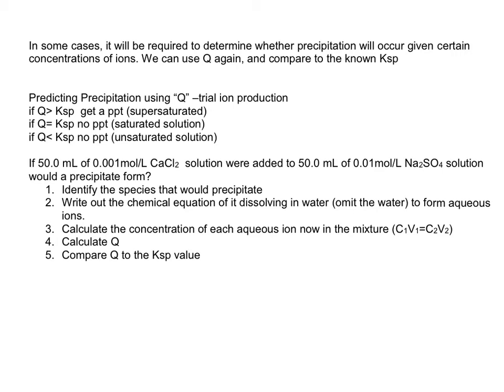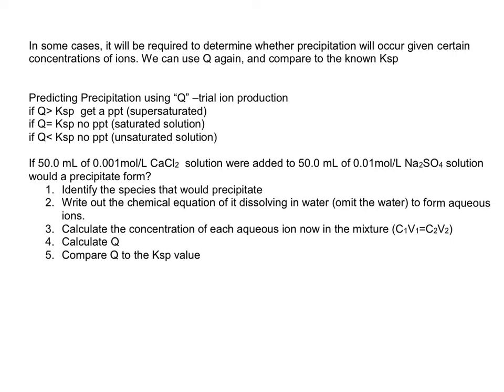So we're going to do an example where we have calcium chloride solution added to sodium sulfate solution, and we need to determine will a precipitate form. So you have to write out your double displacement reaction, and then identify the species that would precipitate. And then you write out the chemical equation for it dissolving in water, like we've been doing, to form its aqueous ions.